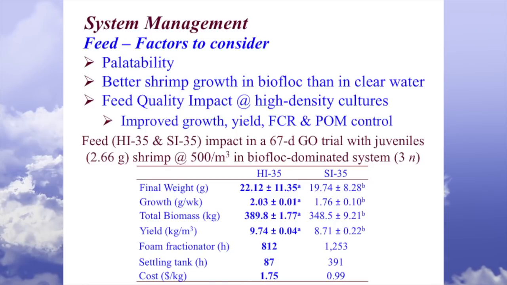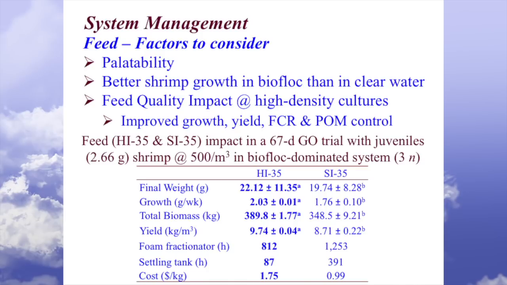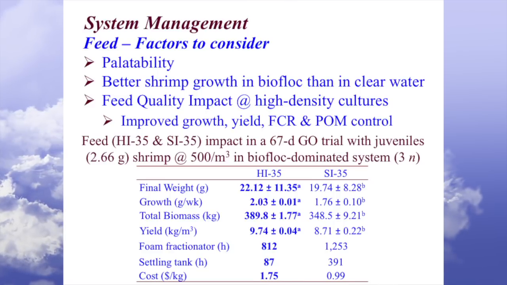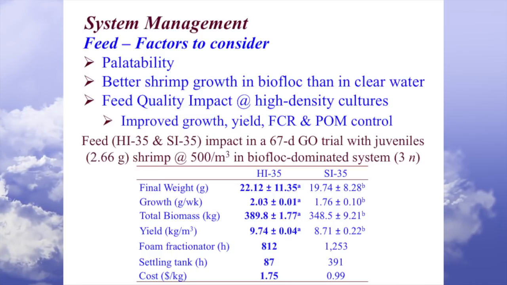So feed, and different factors that you need to consider. Palatability is very important. Shrimp growth is better in biofloc than in clear water. It's been proven time and again. Feed quality impact: high density culture requires good quality feed.